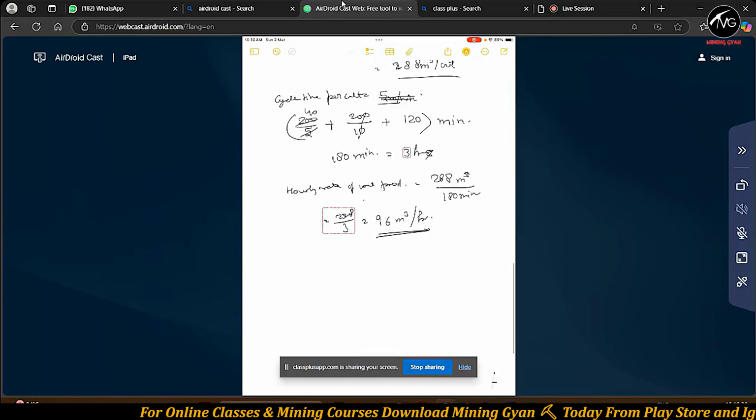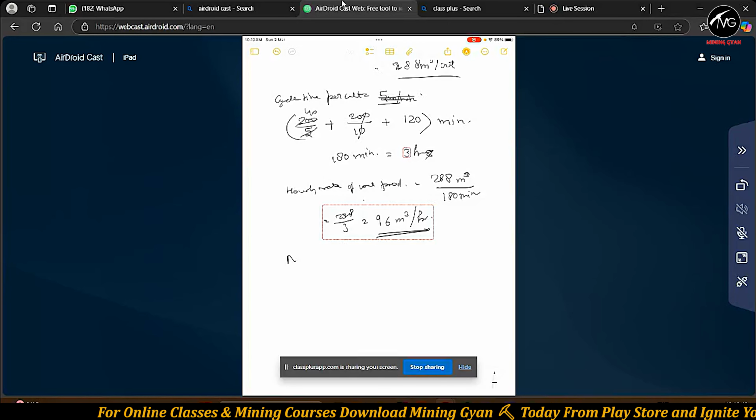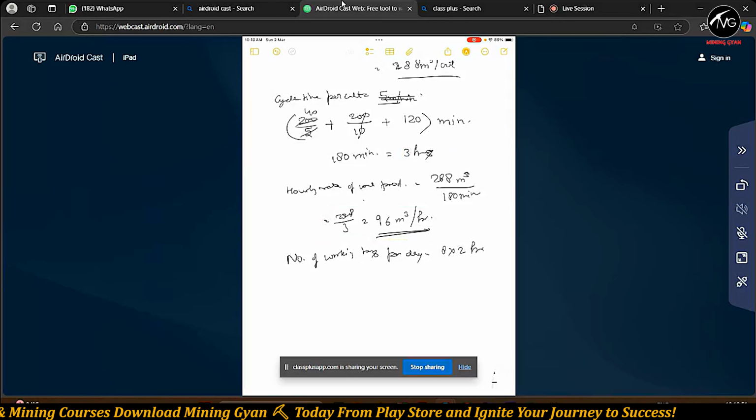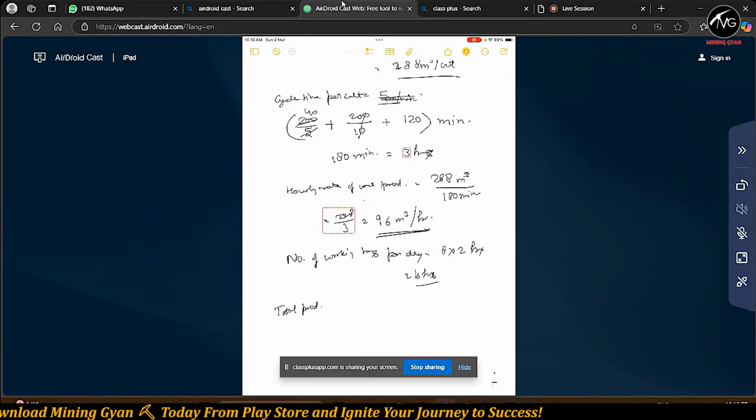Okay, number of working hours per day, how much was it? 8 into 2 hours, that is 16 hours. So the total production per day would be 96 into 16 meter cube.